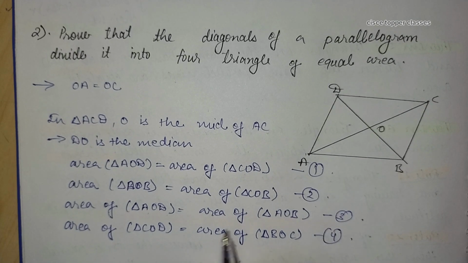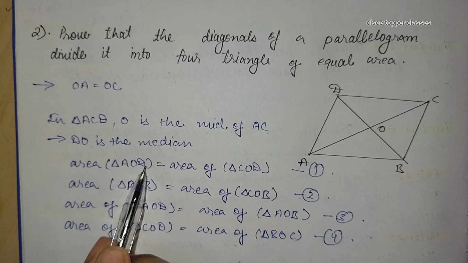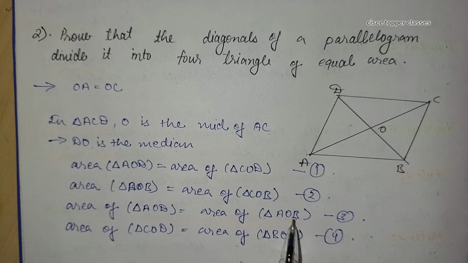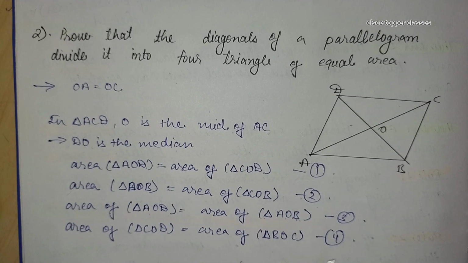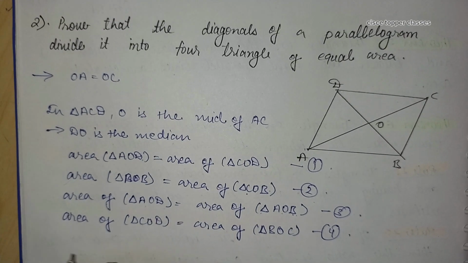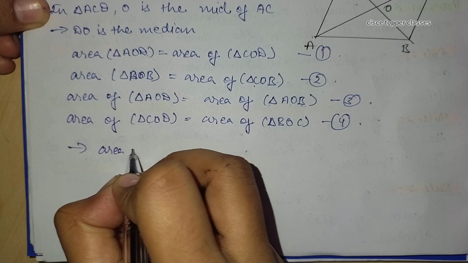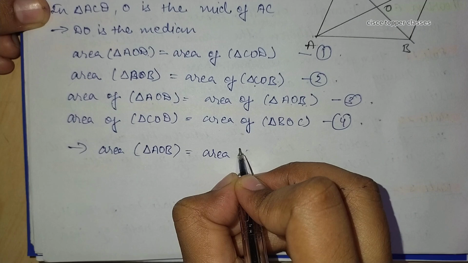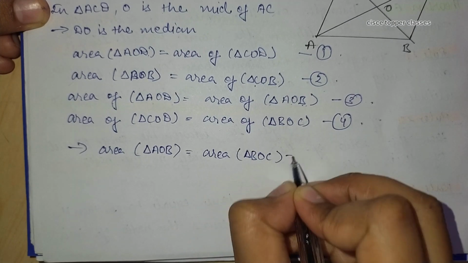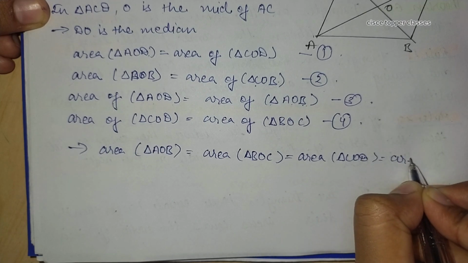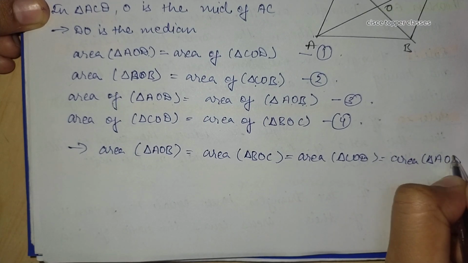Now from the first, second, third and fourth equations we can simply say that the area of triangle AOD is equal to the area of triangle AOB, the area of triangle AOB is equal to the area of triangle COB, and the area of triangle COB is equal to the area of triangle COD. So from that we have concluded that the area of triangle AOB is equal to the area of triangle BOC, and this is equal to the area of triangle COD, equal to the area of triangle AOD.